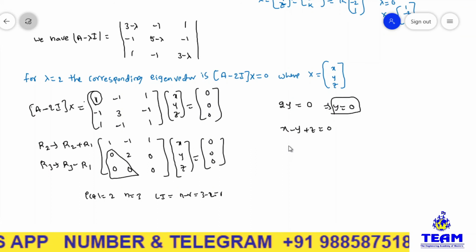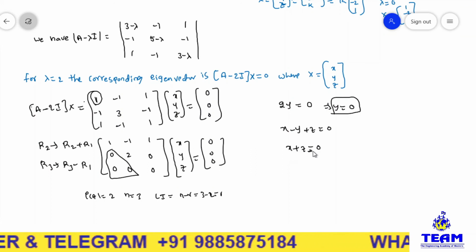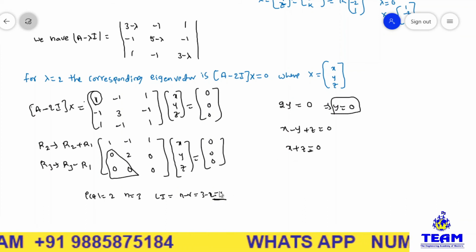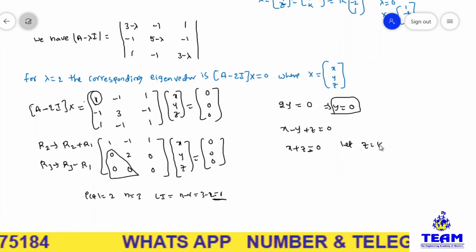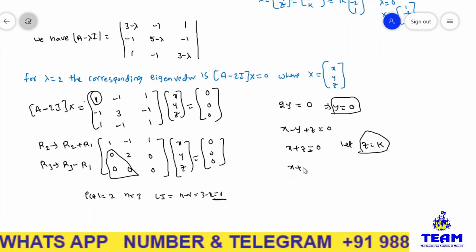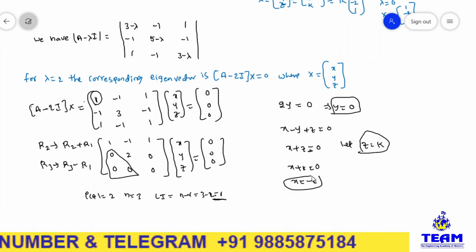What is the y value here? 0. So x plus z is equal to 0. Here you have 2 unknowns, but one equation only we have. Friends, we know that one independent solution is there. So let z be the independent solution and consider z is equal to k. Then x plus k is equal to 0. We will have x is equal to minus k.